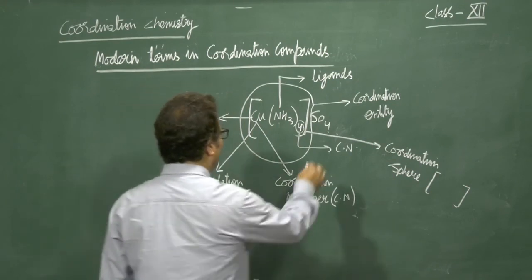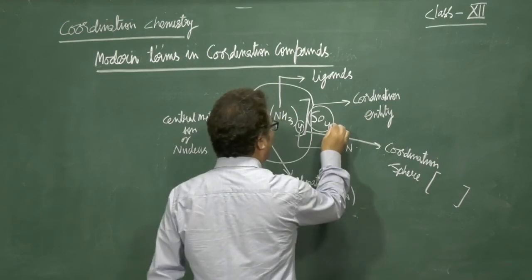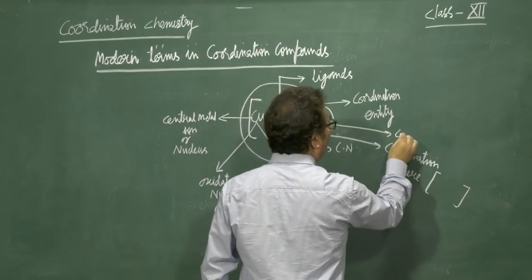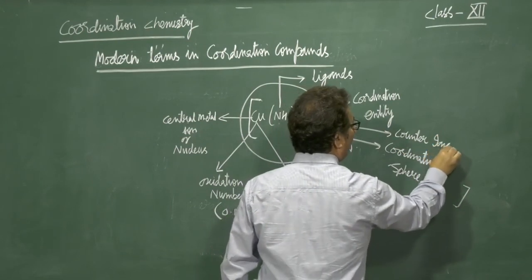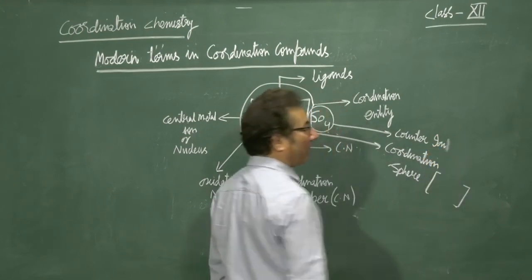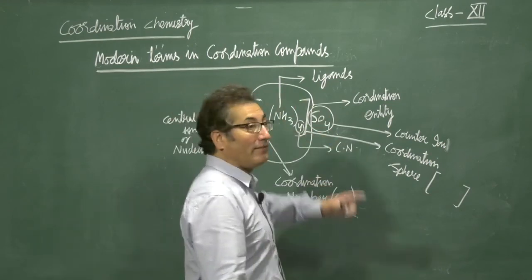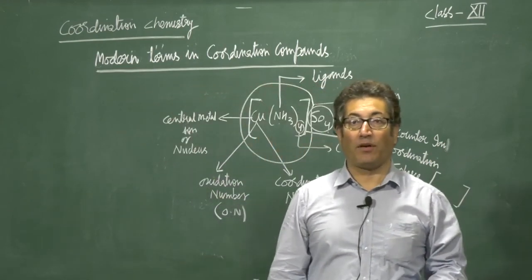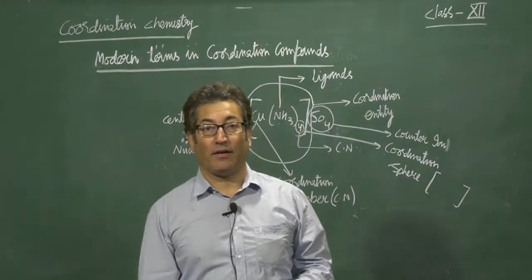And the ions here, which is sulfate, present outside this coordination entity, are called the counter ion. The details of these terms about coordination compounds will be continued in the next lecture. Thank you very much.